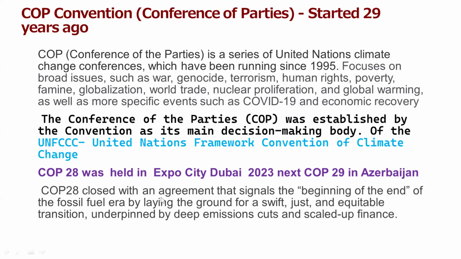Everybody has to know this simple transformation: motor cars will be run by electric power and also hydrogen fuel cells. That is under development.